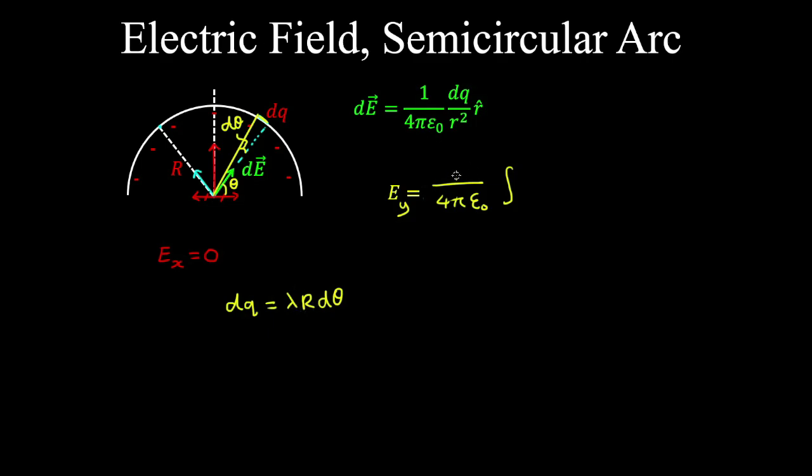So lambda and r are going to be constants, so we take them out of the integral. So we have d theta on r squared, where r is the distance from this point to the differential charge, which is also constant. And we want the vertical component of the electric field, so we take sine theta.